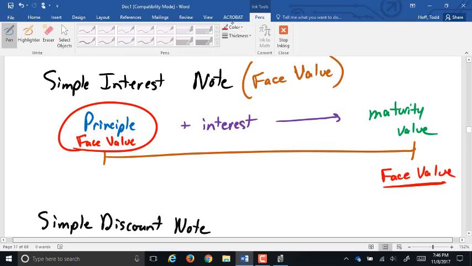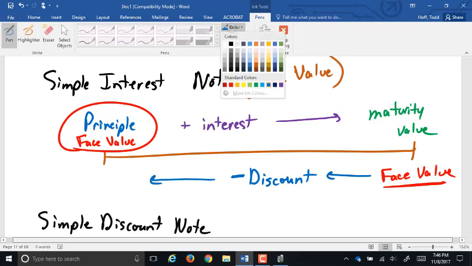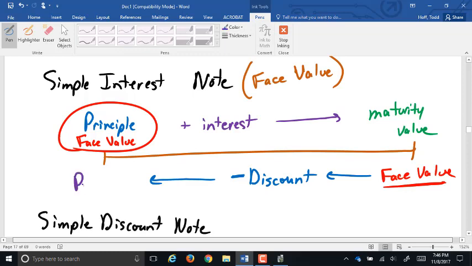So if it's a $7,000 note, you're not getting $7,000, you're paying back $7,000. From that, you are deducting something called a discount. The discount is basically your interest. And you're working backwards to something called the proceeds.